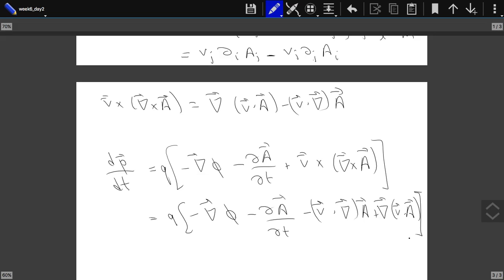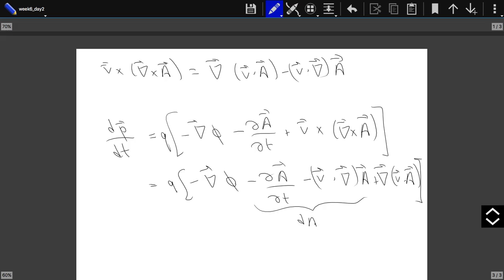I have the partial derivative, and here I have V dot the gradient operator acting on A. Those two terms are nothing but the total derivative of A with respect to t.